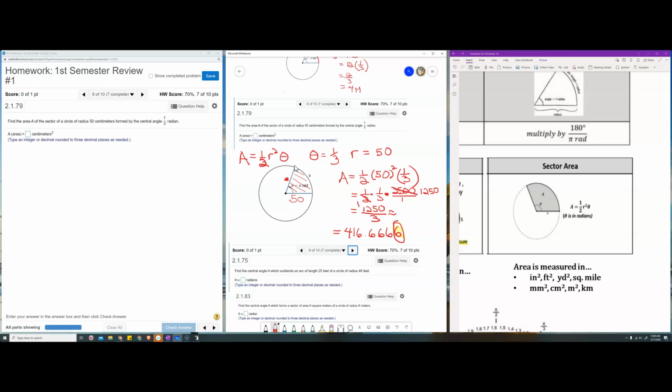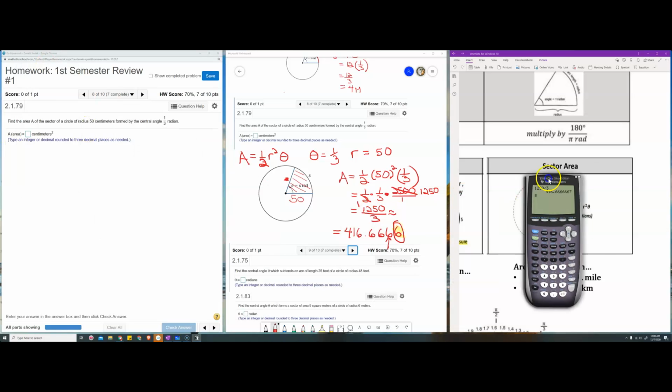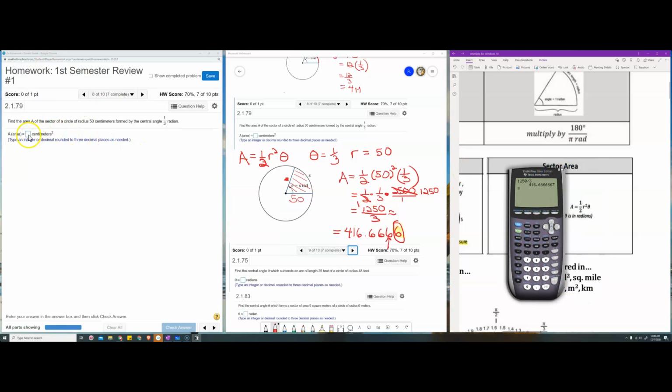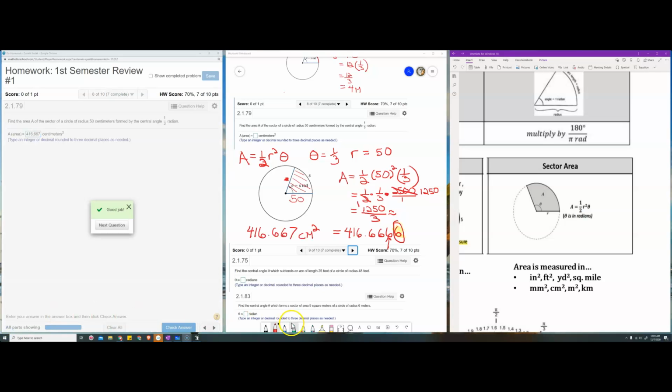And now my answer will be 416.667. And my label on that is square units because we're talking about area.